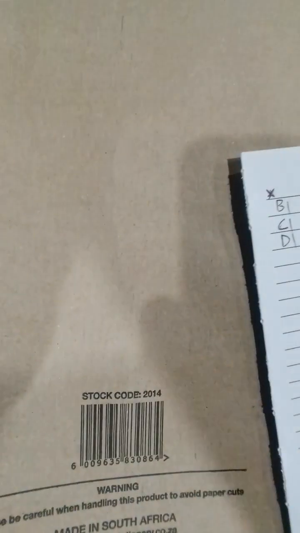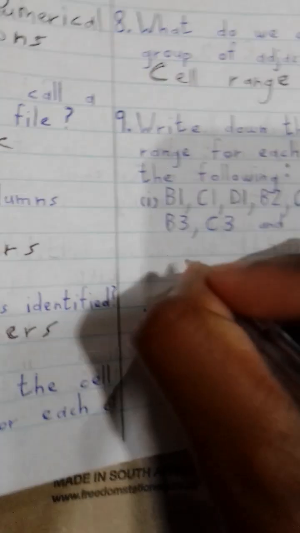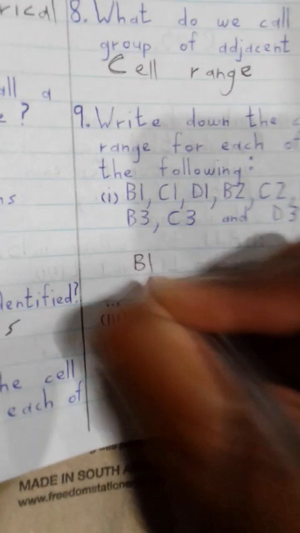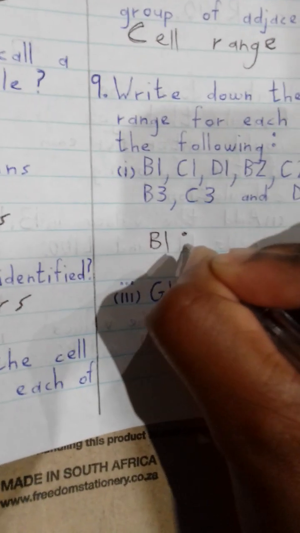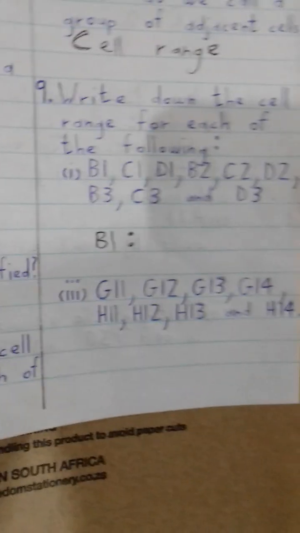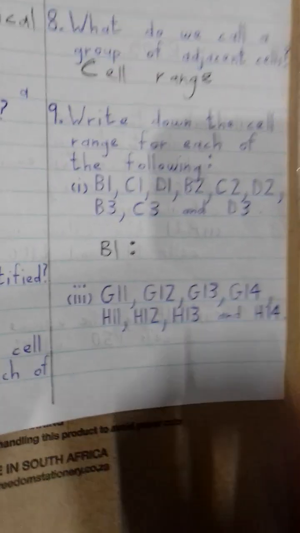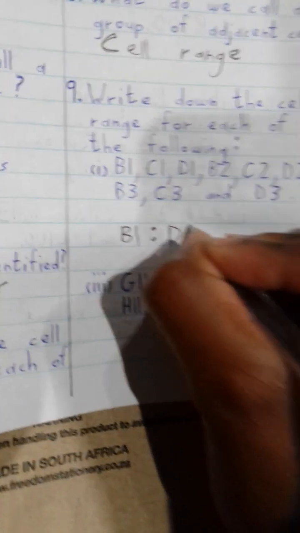Okay, the first cell is at the top left side, so here, and the last cell is at the bottom right, so here, right? So the cell range for this is, top left is B1, and then bottom right is D3, right?